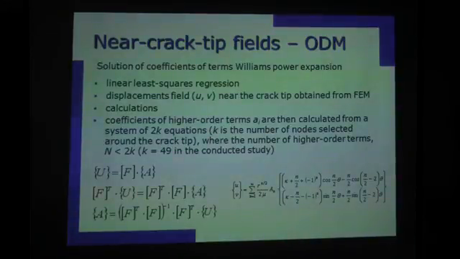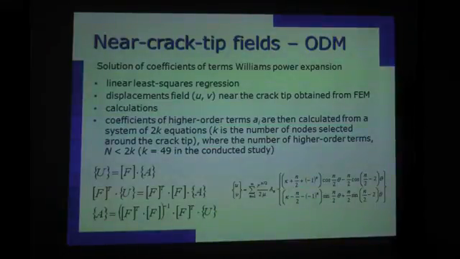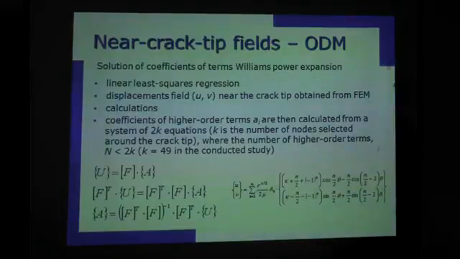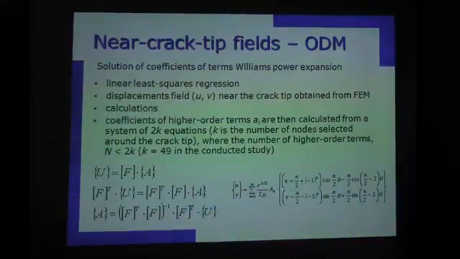It's just a linear least square regression, for which usually we use coordinates and then displacement in certain percentage points of the model, for which, using the least square technique, we are able to calculate the vector A of the coefficients of high order terms.